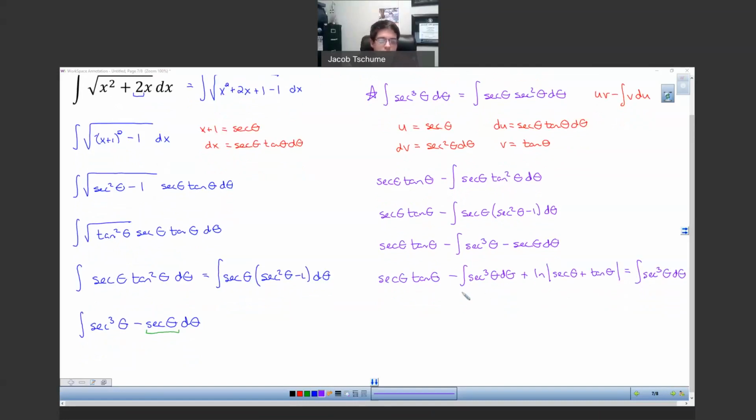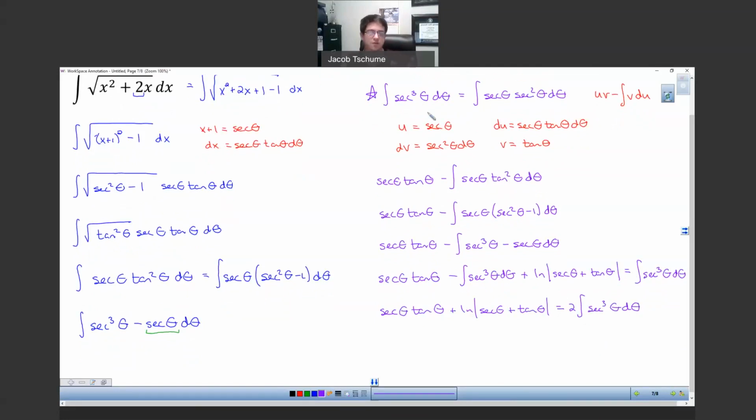So if I move this negative secant cubed d theta to the other side, I can say that secant theta tangent theta plus the natural log of secant theta plus tangent theta is going to equal 2 times the integral of secant cubed theta d theta.